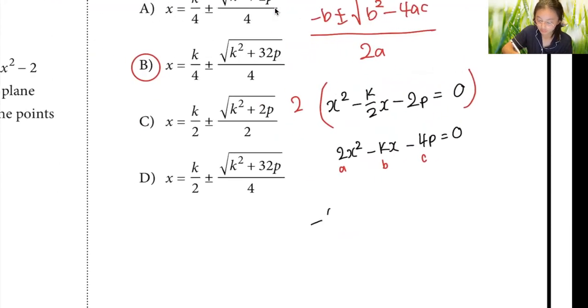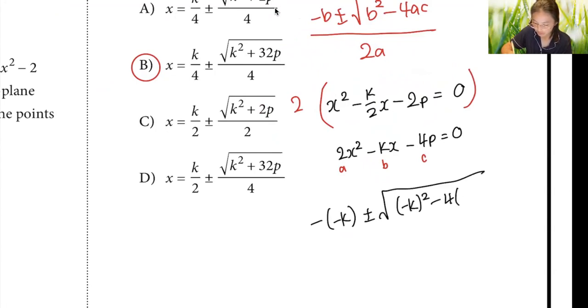So negative b, which is k, plus minus the square root of negative k squared, minus 4 times a, which is 2, and we also have c, which is negative 4p. So make sure you include the negatives as well. Don't just take the number, the coefficient right next to the variable. You need to take into account the negatives and positives.